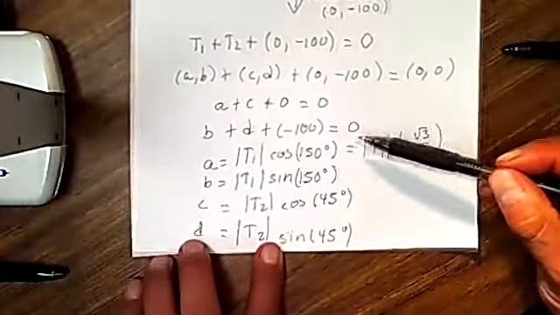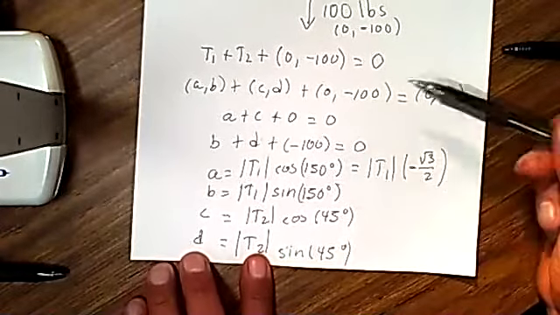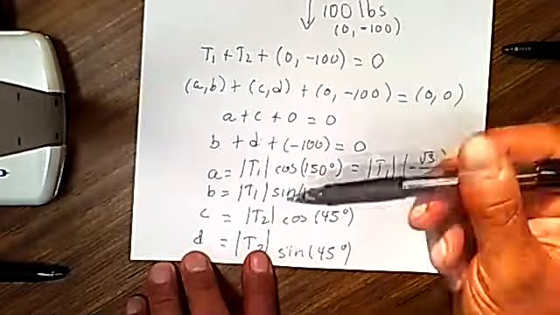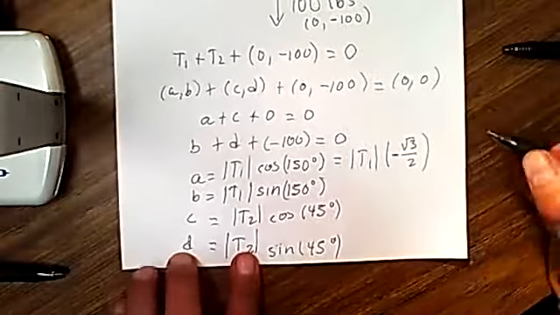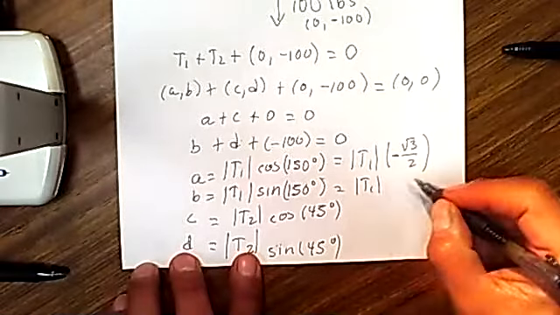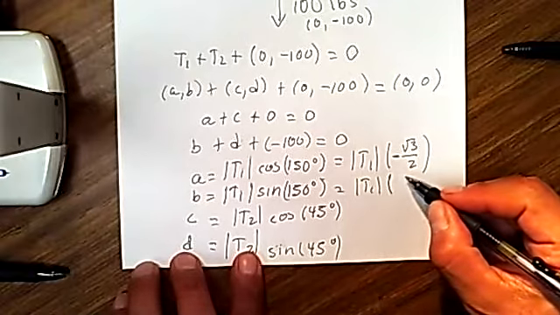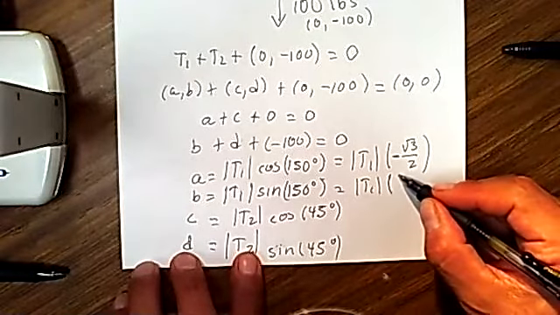And that's why we want to use 150 degrees rather than 30 degrees, because otherwise we would not capture the fact that we are going left. B is the magnitude of T1 times the sine of 150 degrees, that is a half.